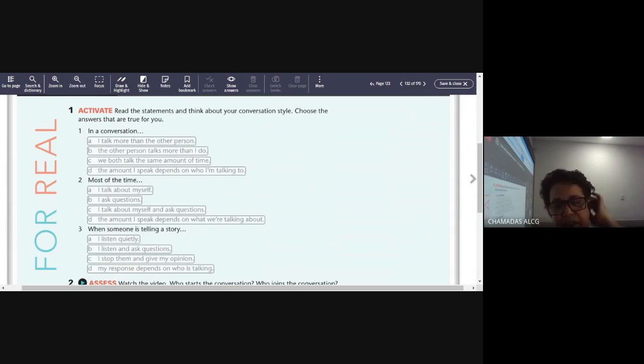And the last one, the amount I speak depends on who I'm talking to. So, what do you think? What is the best definition for your conversation style? Do you talk a lot? Do you like talking? Talk is when you have a conversation with a person. It's the same as falar in Portuguese.